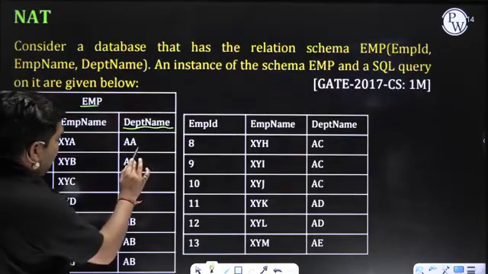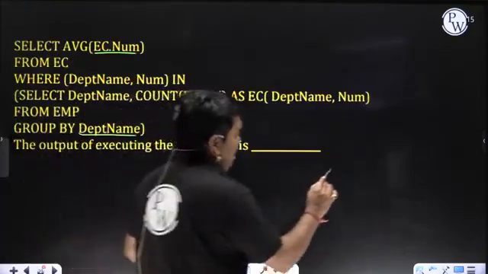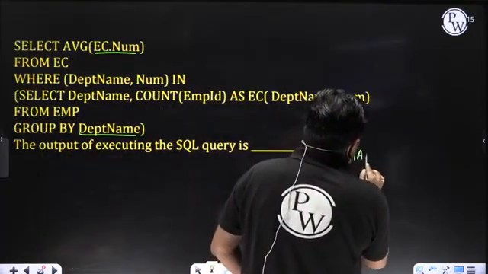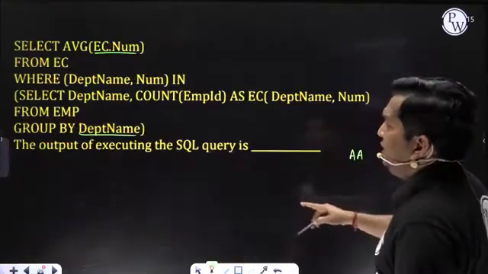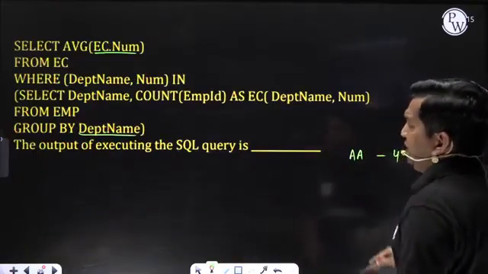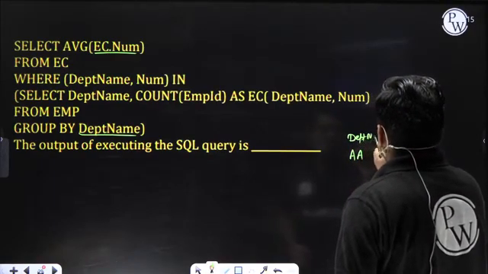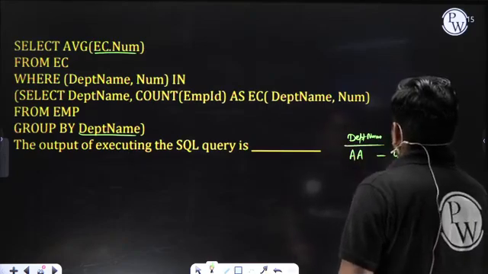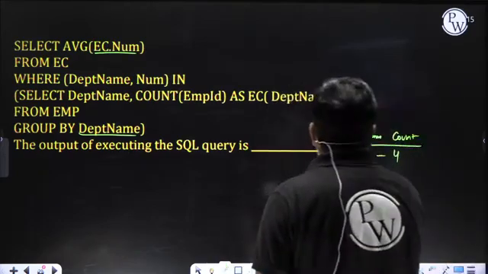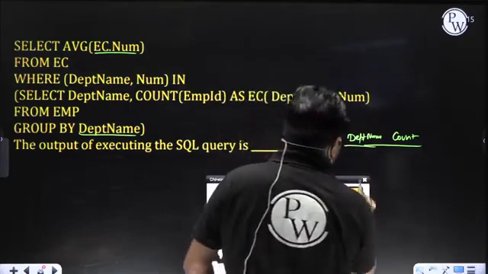So here you can see for department name AA, you are getting 4 tuples.